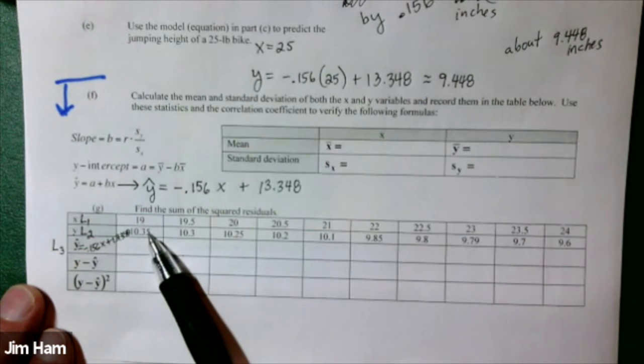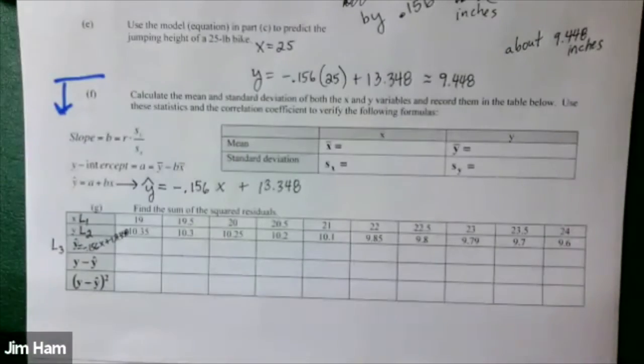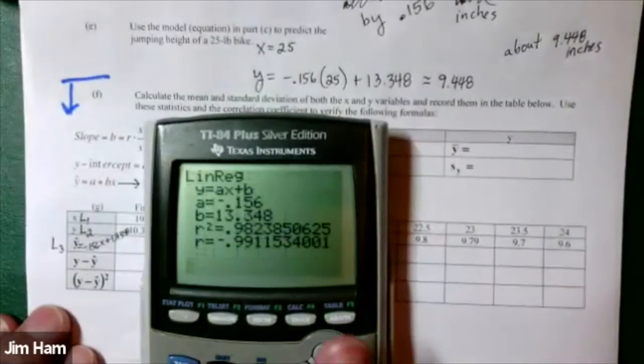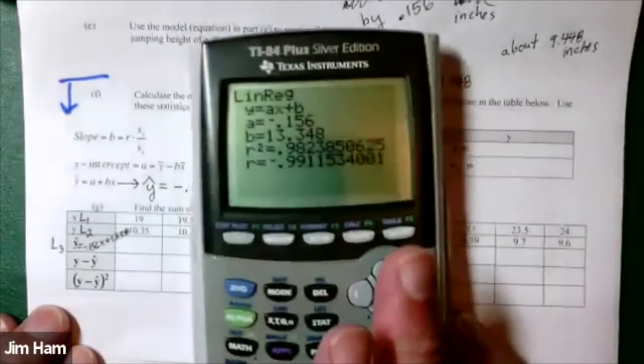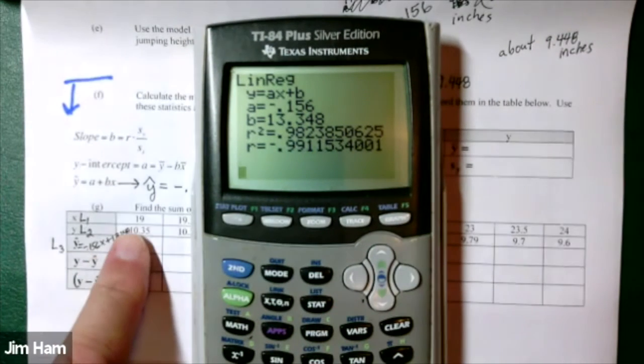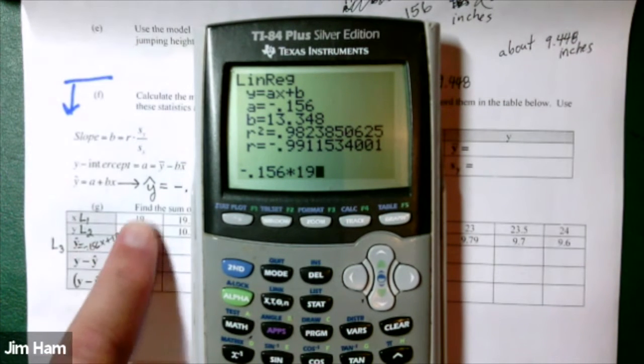Now we think they're going to be close to 10.35, but we don't know. So I'm going to do this first one by hand. In fact, what I might do is just do it on the home screen so you can see what's working. I'm going to plug 19 into our equation.